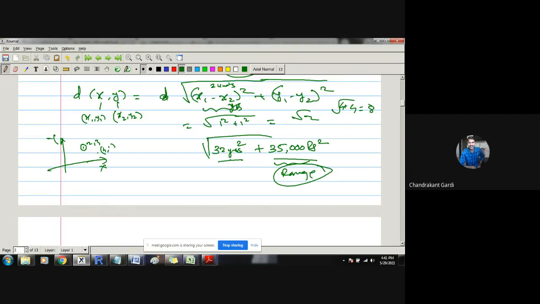Suppose age or some other factor is there, that variable at most can be, say, 32, but the difference in income, suppose the minimum value for that difference is 10,000. Compared to that 10,000, which is the minimum difference on the y-axis, this is the maximum difference on the x-axis.